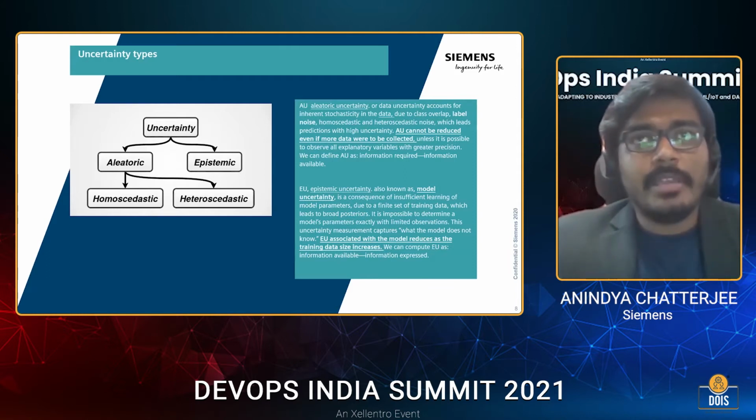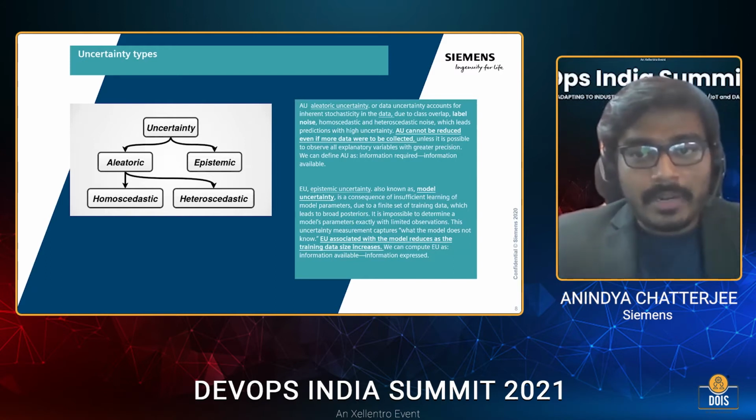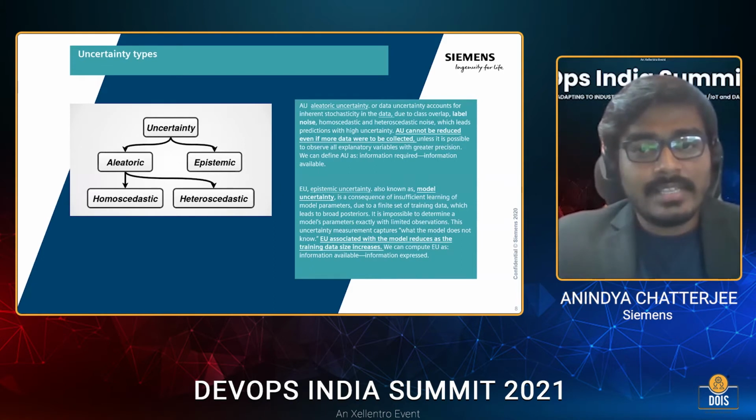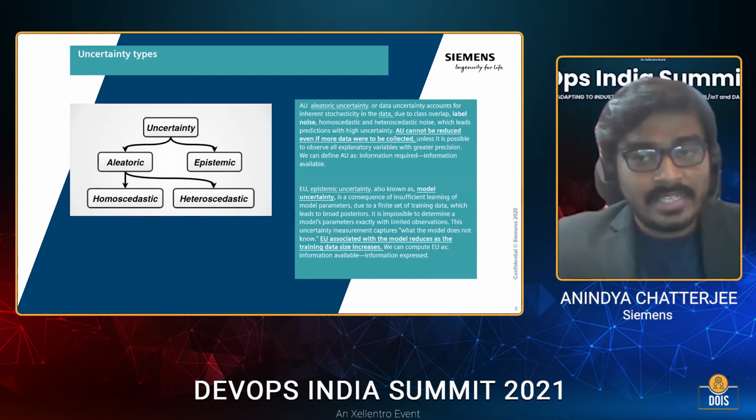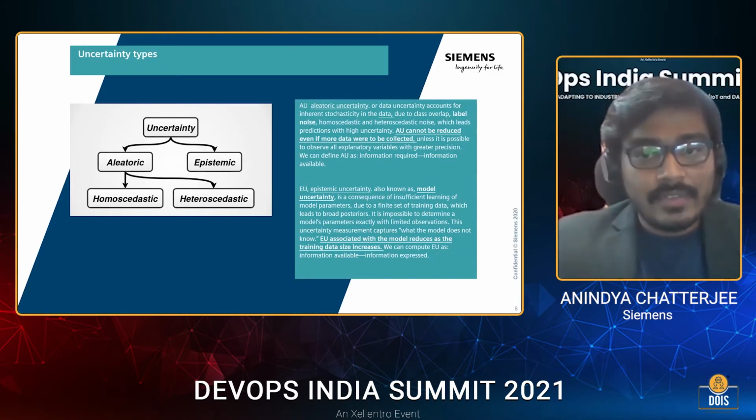It is a consequence maybe of insufficient learning, or improper hyperparameter tuning, or a finite set of data, and that leads to epistemic uncertainty. Since this is a model-level uncertainty, it can be reduced with proper training, or by increasing the size of the training data set.